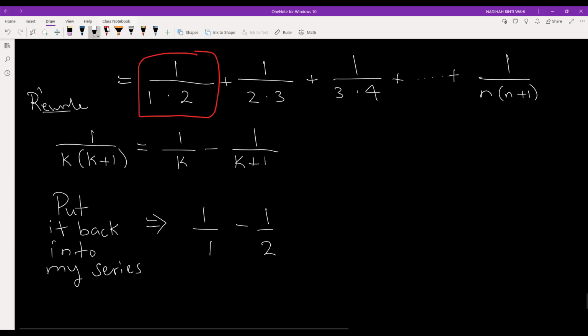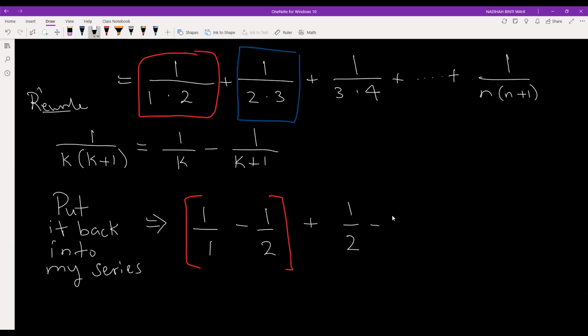Okay, so this is for this one. And then plus the next term, which is 1 over 2 minus 1 over 3.